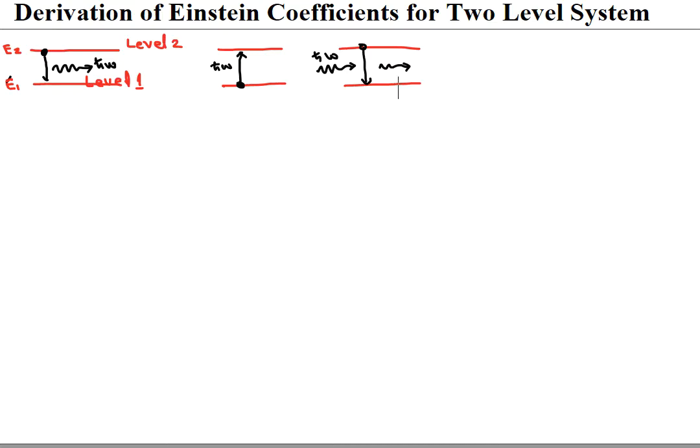So it will have the same omega, right? So this first is spontaneous emission, the second one is absorption, and the third one is stimulated emission.